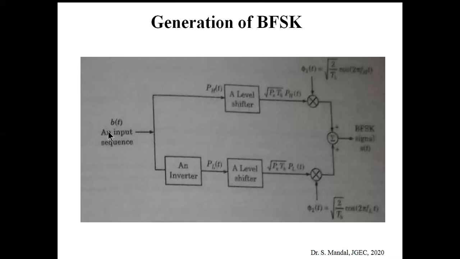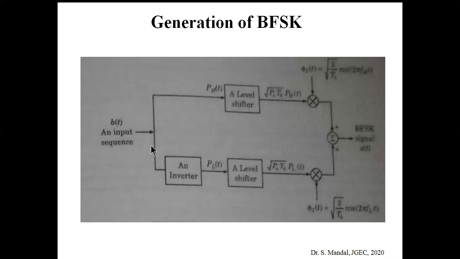If this portion is not present, this is basically PHT and this will be the level shifter, and if we multiply them, the corresponding output will be nothing but ASK, where in case of ASK, for 1 the carrier will be present, and for 0 there will be no carrier. So here the output of the first product modulator will be ASK, but the corresponding carrier frequency is high frequency.